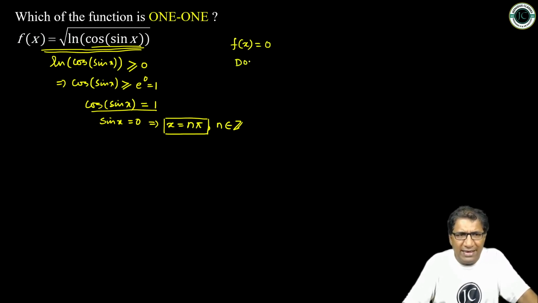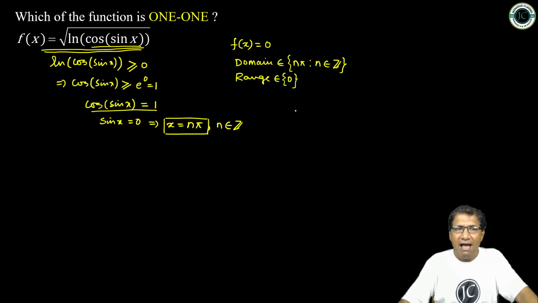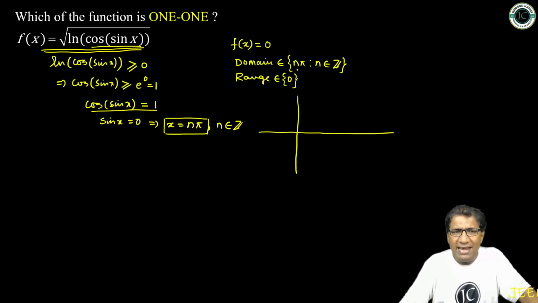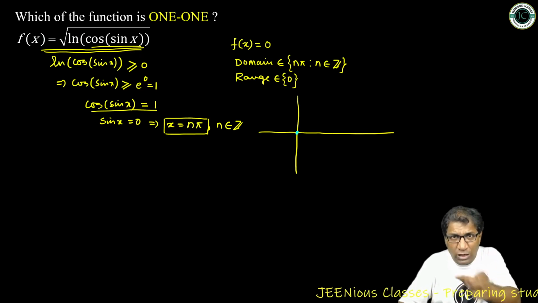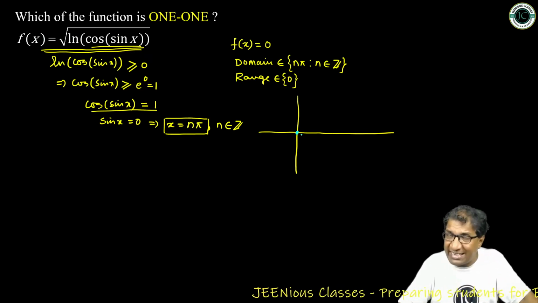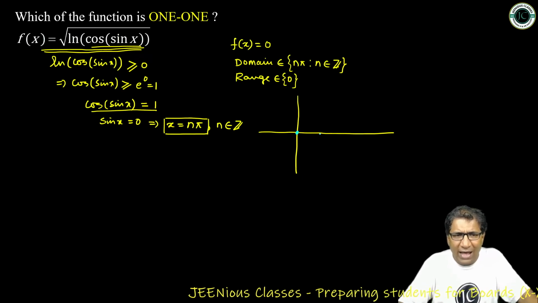So what is its domain? The domain of the function is n pi, where n belongs to Z, and what is its range? The range is always 0, right? If we draw its graph, the domain is n pi. If we take 0 in place of n, what will happen? It will be 0 at this point, and the corresponding value of f(x) is 0, so it is on the x-axis. When n is 1, that is pi.